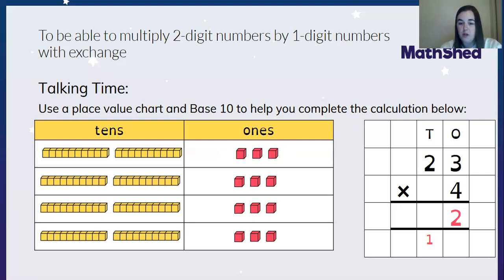So 2 times 4 is 8, plus 1 is 9. So our answer is 92. But let's count to check. 10, 20, 30, 40, 50, 60, 70, 80, 81, 82, 83, 84, 85, 86, 87, 88, 89, 90, 91, 92.